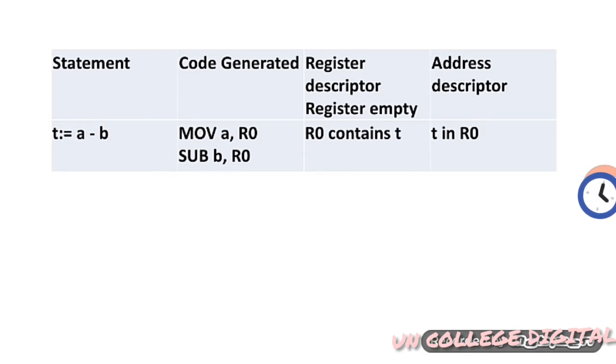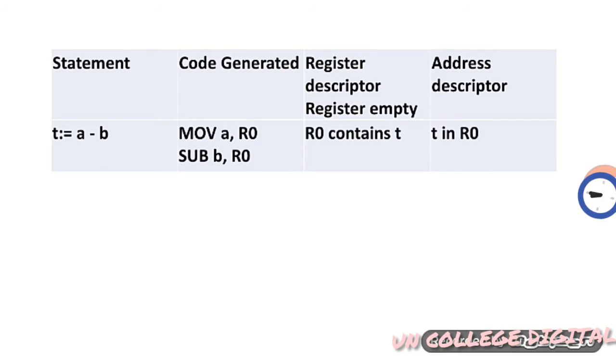For t equal to a minus b, the code generated is move a comma r0. It means that the value of a will be moved to the register r0, and then sub b comma r0. It means r0 equal to r0 minus b.